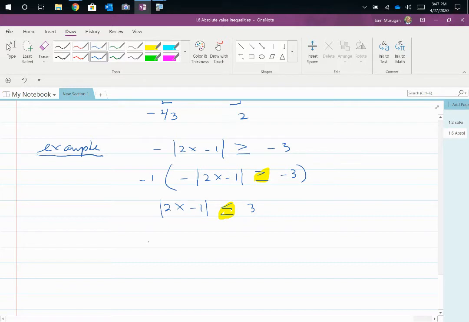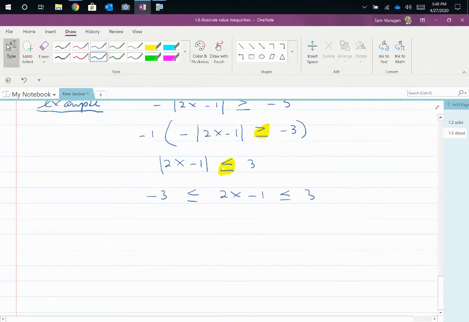So now we can go ahead and do our setup. This is -3 less than or equal to 2x minus 1 less than or equal to +3. Add 1, add 1, add 1. We get -2 is less than 2x less than or equal to 4. And then divide everything by 2 to give -1 less than or equal to x less than or equal to 2.